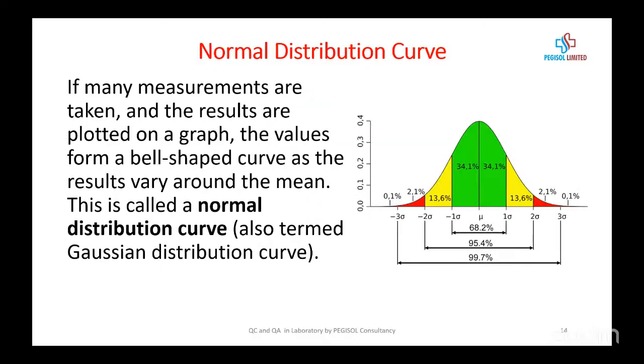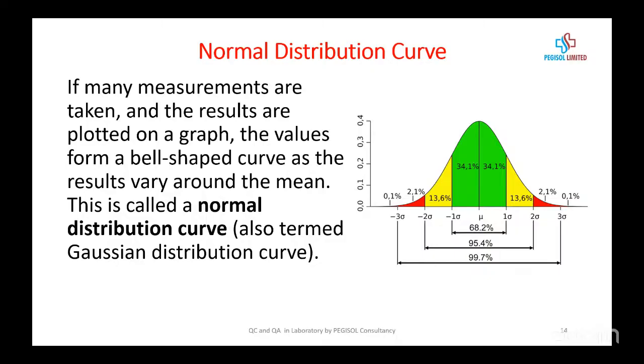Now, you have seen what we call the normal distribution curve. A normal distribution curve: if many measurements are taken and the results are plotted in a graph, the values form a bell-shaped curve.